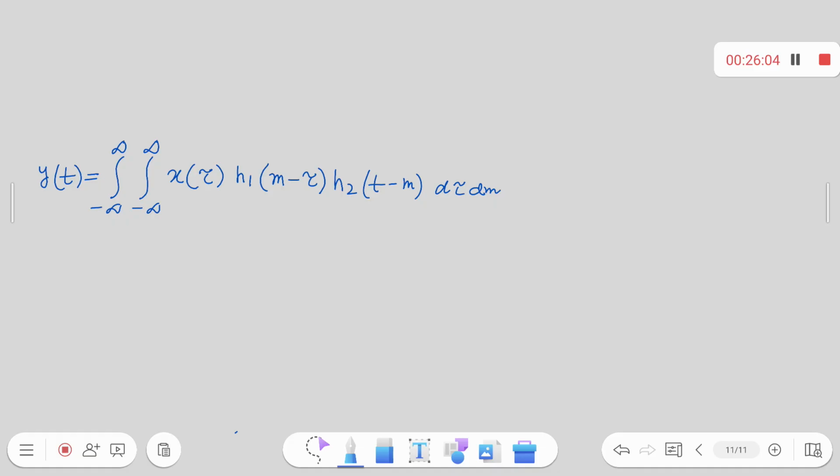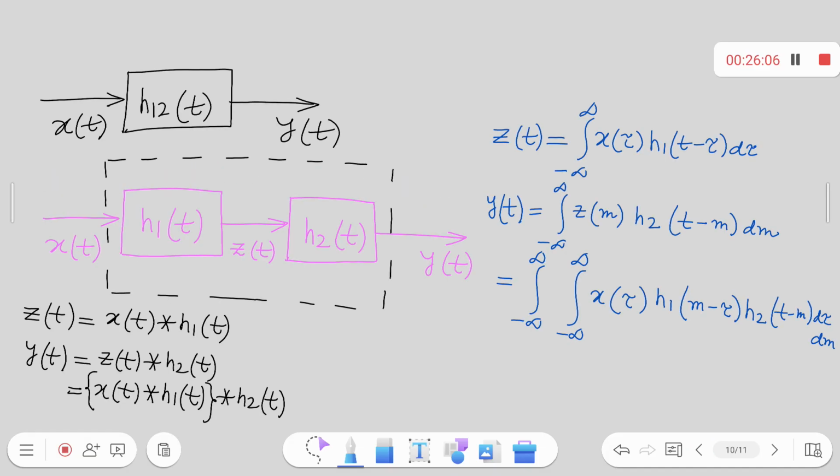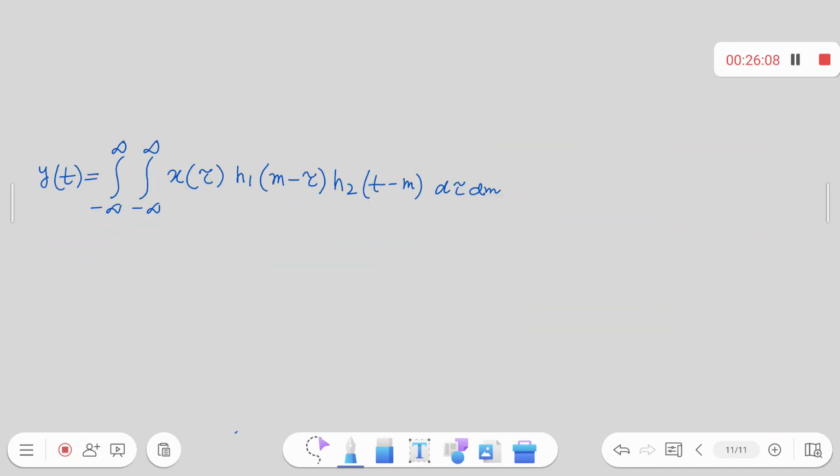First of all, you just change the order of the integration.